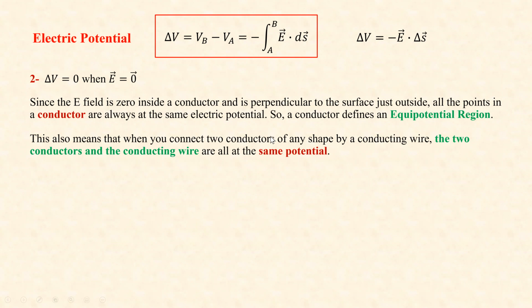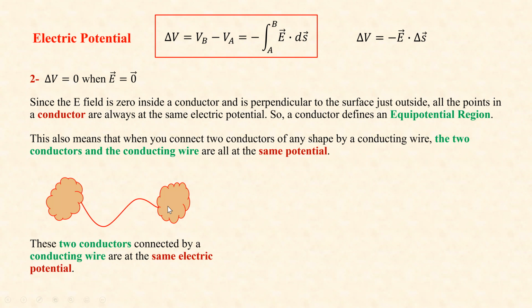So this is very, very important: a conductor, and even conductors that are connected by conductors, have the same potential. Like these two. This is a conductor, like say copper. This is another copper. They're connected by a conducting wire. So they have the same electric potential.